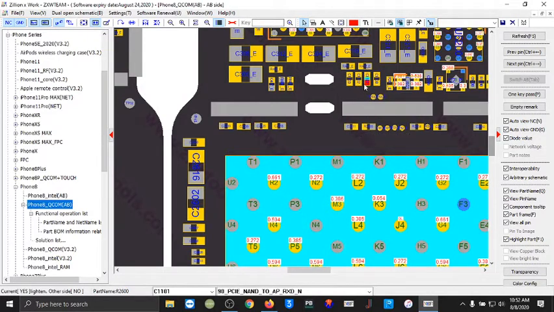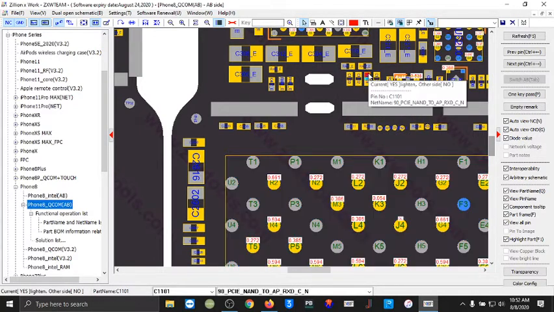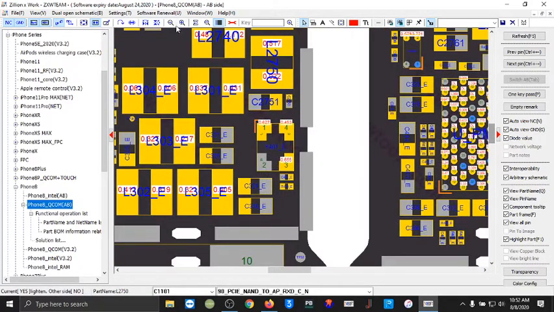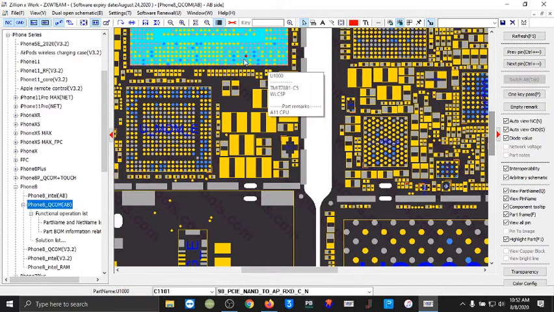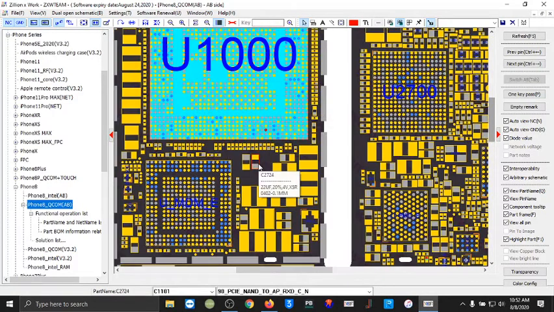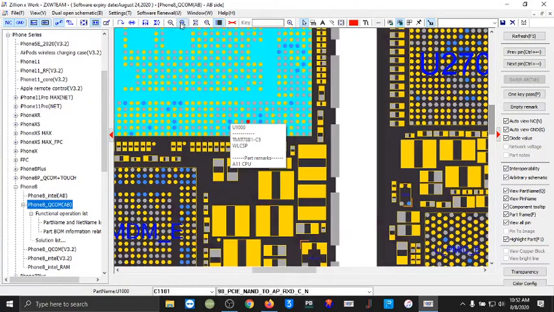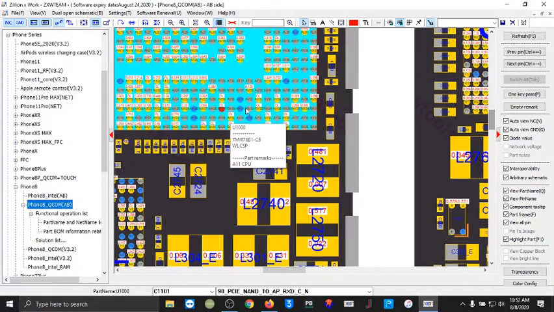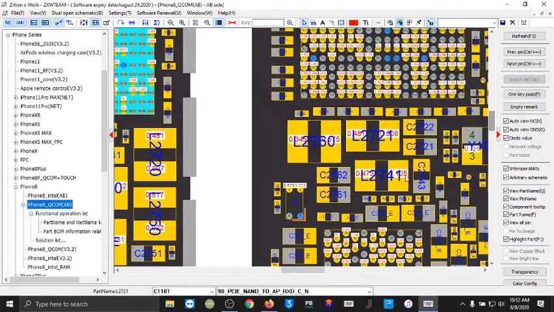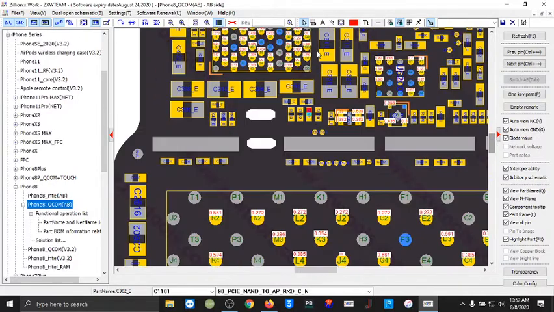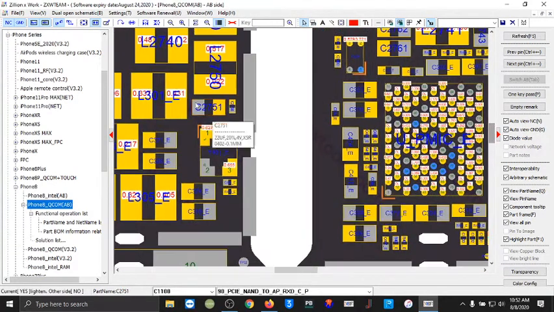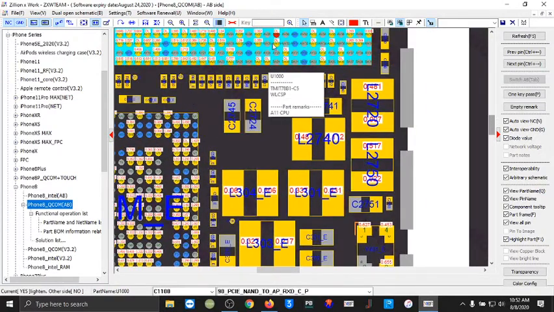If we go to the other side of that cap, you can see it goes to CPU, and that line is OL as well. And if we go back over to the other cap, on this side it also goes to CPU, and it's OL.